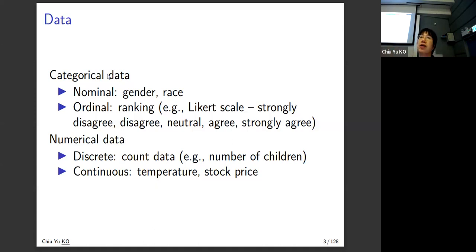It's not very clear what it means, right? Because it's not comparable: agree and strongly agree, different people have different meanings, right? So it's not entirely clear how to add up the things. Okay. And for numerical data, we have two distinctions, which we call discrete and continuous.